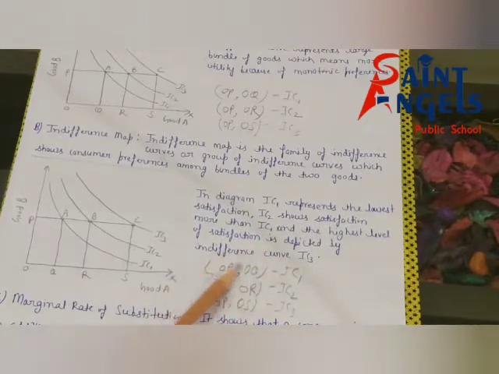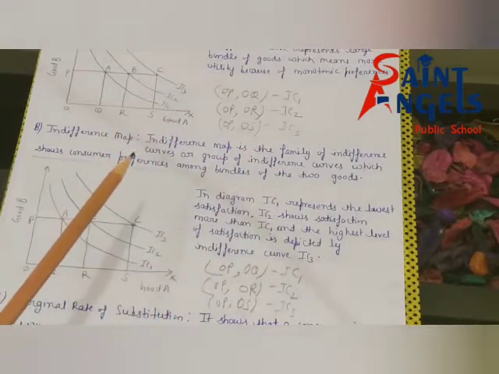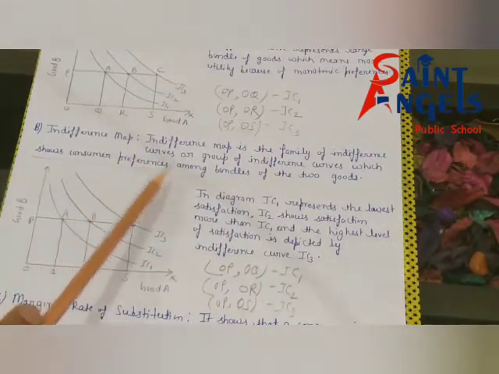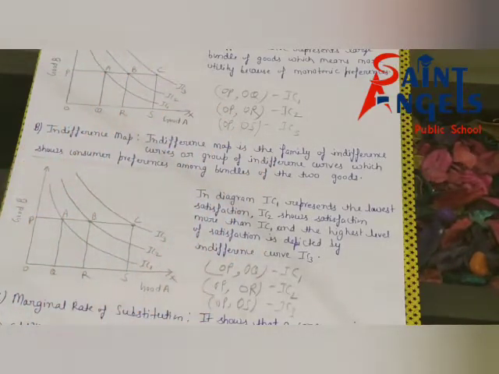So I hope all of you have understood the concept of monotonic preferences and the concept of indifference map with the help of diagram.